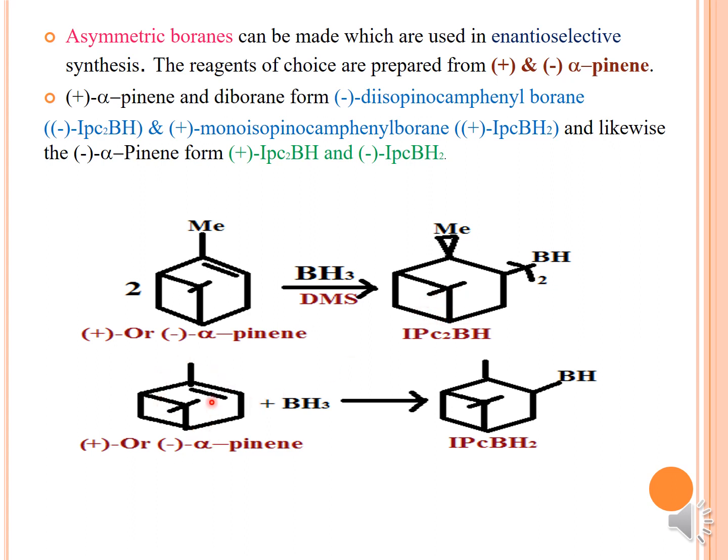If you take one molecule of alpha-pinene and treat it with BH3, then you will get monoisopinocampheyl borane.